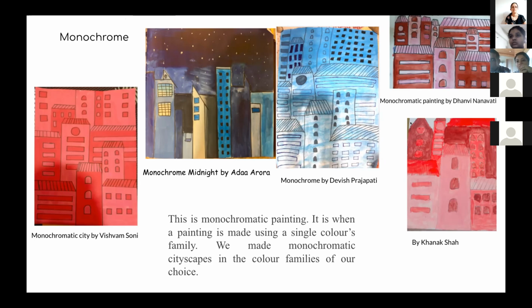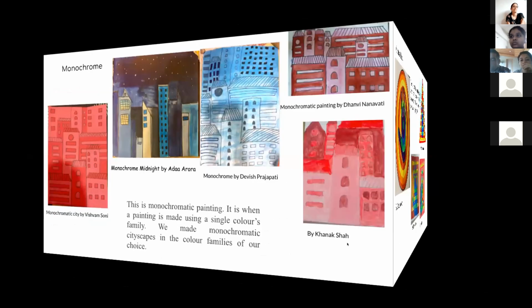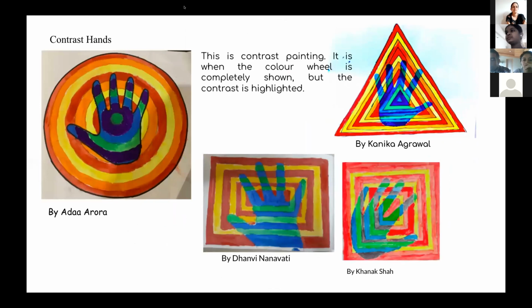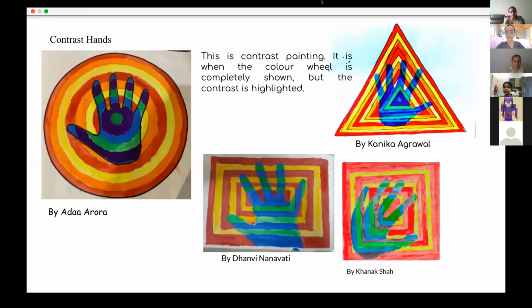I have used red and pink shades of color in my monochromatic painting. Okay, very nice. Thank you, Dhanvi. Go to the next slide and we can just explore everybody's painting here. Just keep it on hold for a few seconds so that all the parents can see what work has been done.